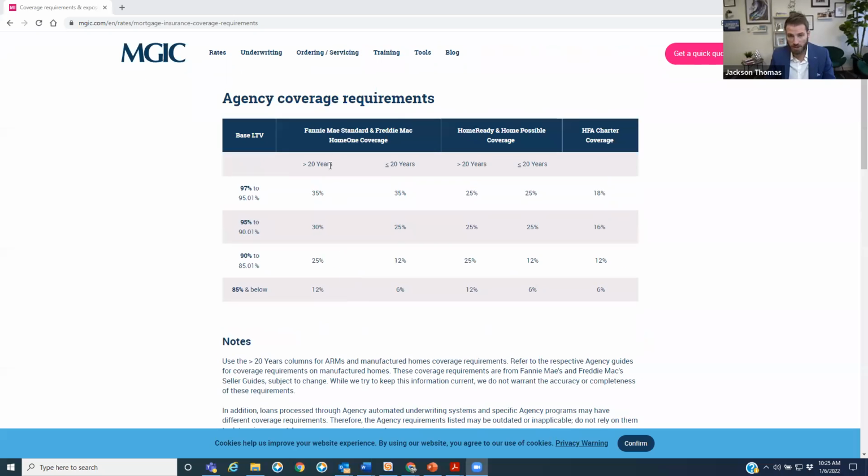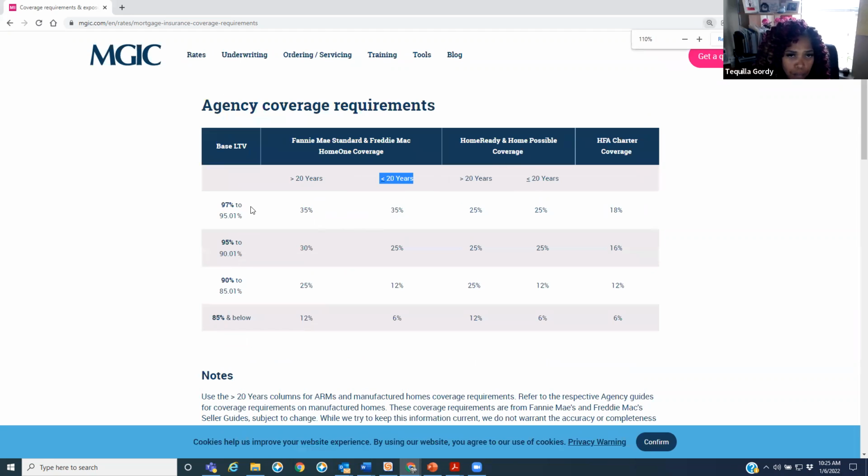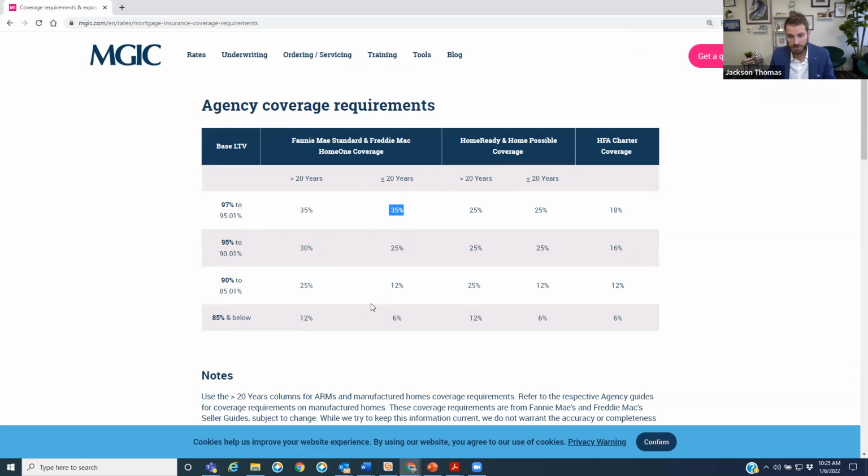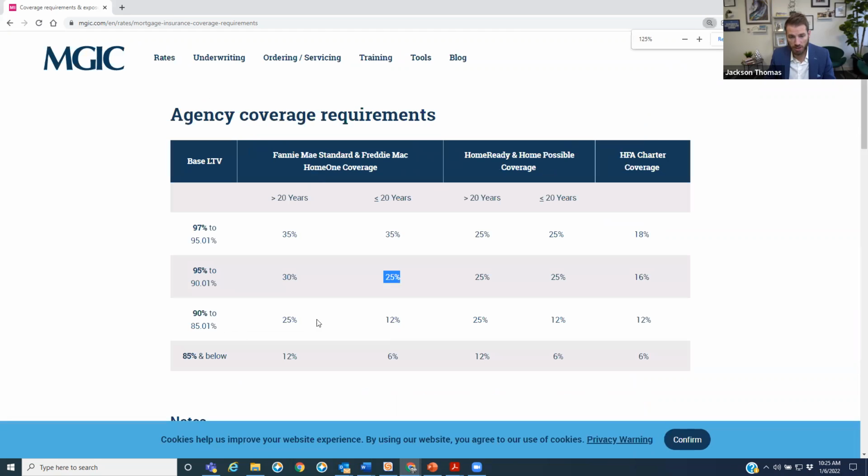This is a good resource to save, if we're doing standard coverage, for terms greater than 20 years. If you're putting 3% down, it's 35%. If you're in this range right here, Tequila was absolutely correct, 25%. But the base LTV is 90%, so we should be charging PMI at 12%.